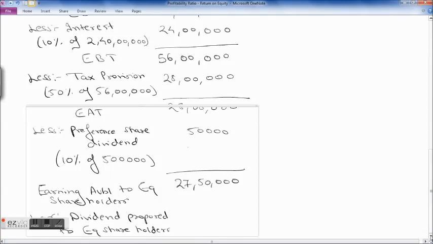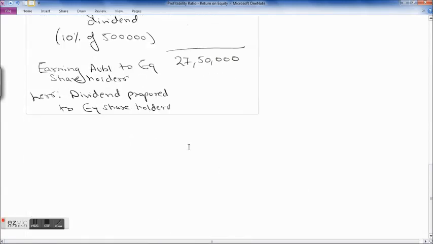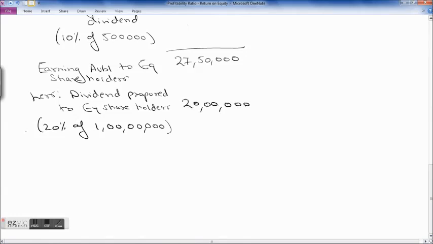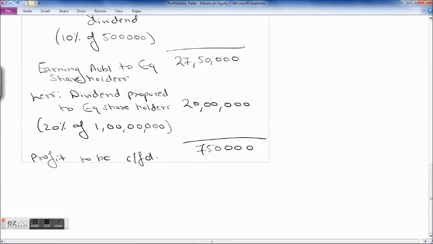So 20% of 1 crore comes to 20 lakhs. So 7,50,000 is your profit to be carried forward, okay, in the balance sheet.